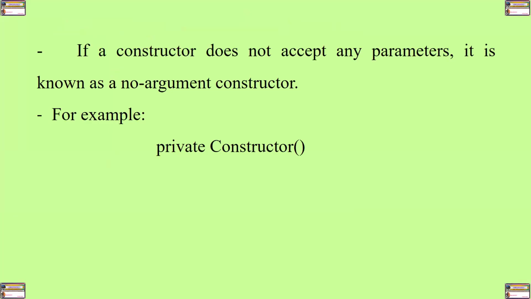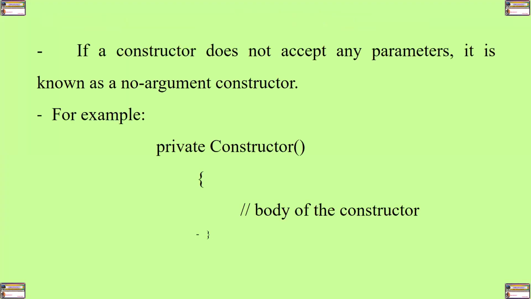For example, a private constructor followed by the body of the constructor. We can say that this is a no-argument constructor because there are no parameters enclosed within the parentheses.